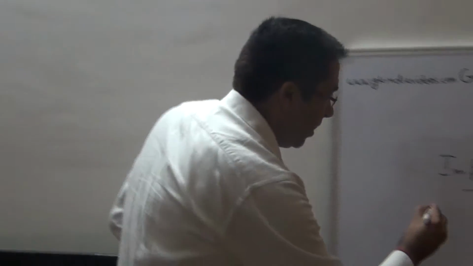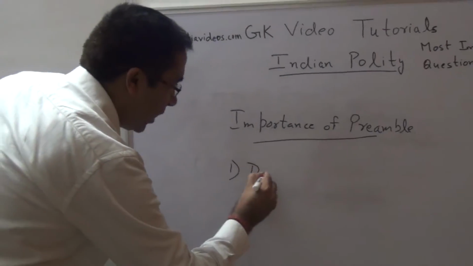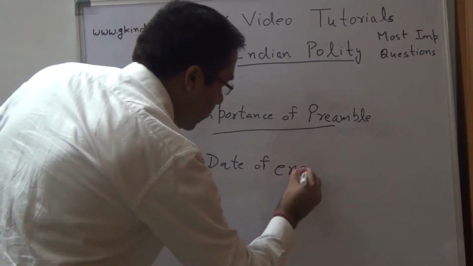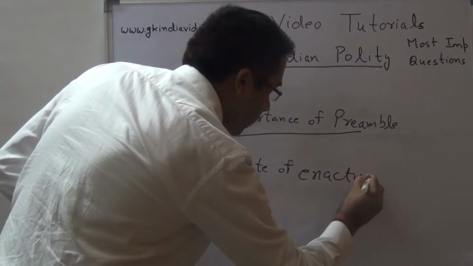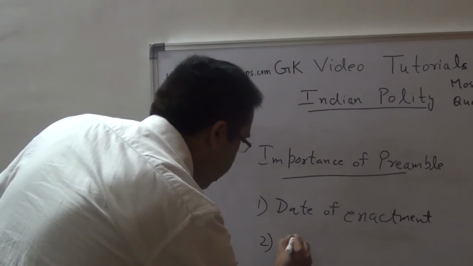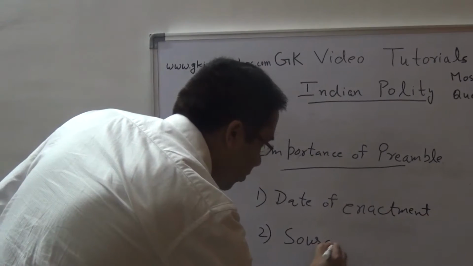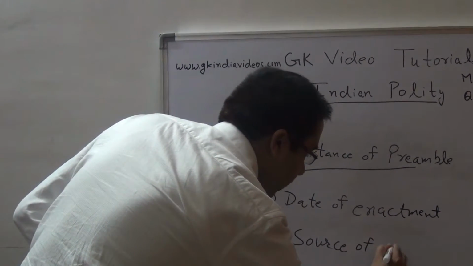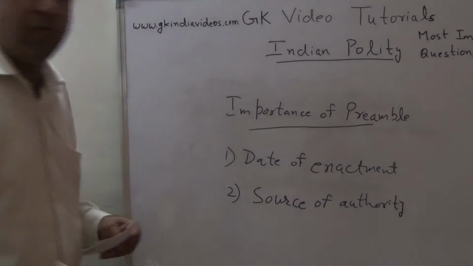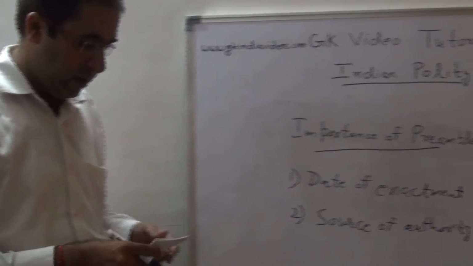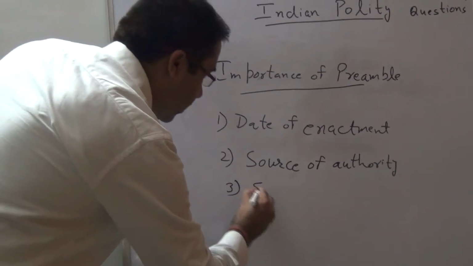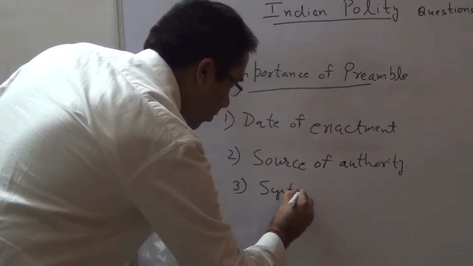First is, the Preamble indicates the date of enactment of the Indian Constitution. Second is, it also indicates the source of authority of the Indian Constitution, that is, the people of India. Third, it also indicates the system of government.